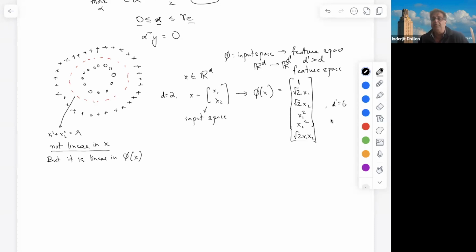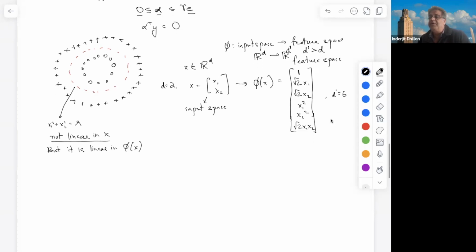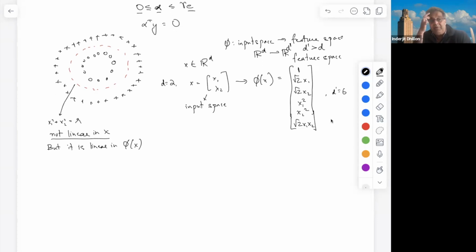And so one of the beauties of kernel SVM, which I'm going to talk about, is that you can actually just solve the problem in d dimensions, 2 dimensions in this case. And here's the crucial observation.